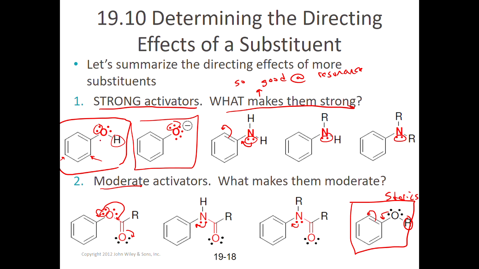The OH group is small, so it doesn't block anything coming in to the ortho position specifically. But the R group here, even if it's a small methyl group, is going to block the ortho positions a little bit. If it's a larger group, it's going to block them a lot. And so the sterics that occur during the transition state there are going to slow that one down a little bit compared to the OH, which is why it falls into the moderate activator category instead of the strong activator.